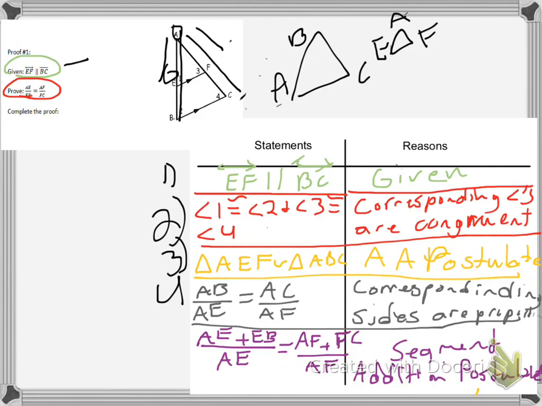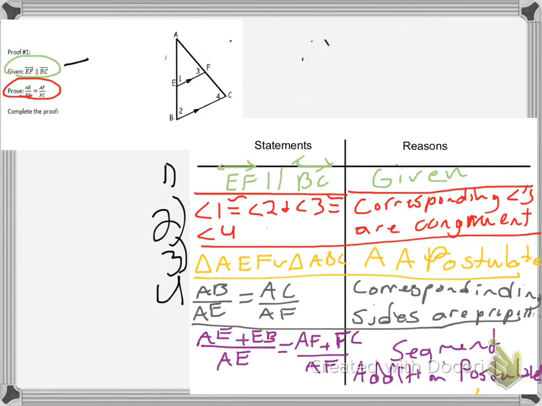Alright, so next we're going to have to use a postulate in order to continue. So look right here. We know that AE. So what we're going to do is we're going to add both sides by the denominator.